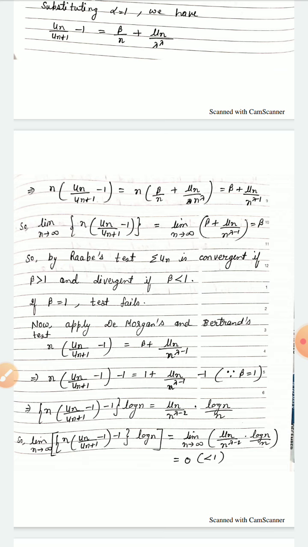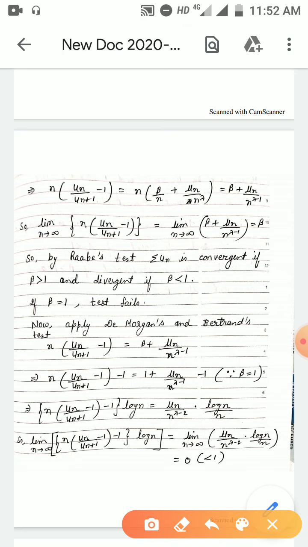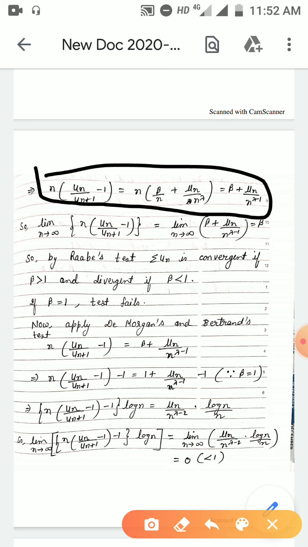So we will apply De Morgan's and Bertrand's test. So here we have n into un by un plus 1 minus 1 is equal to beta plus mu n by n to the power lambda minus 1. From here we will get this step.